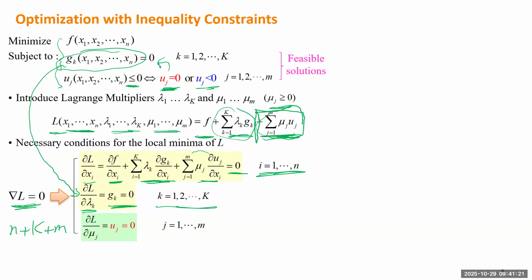The next question: we know this partial derivative will be U, but if we let this U be zero, we are looking for stationary points of this Lagrange function. But from the original problem, we know U can be zero or negative. It doesn't have to be zero.